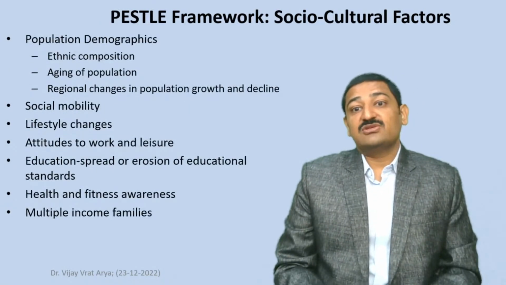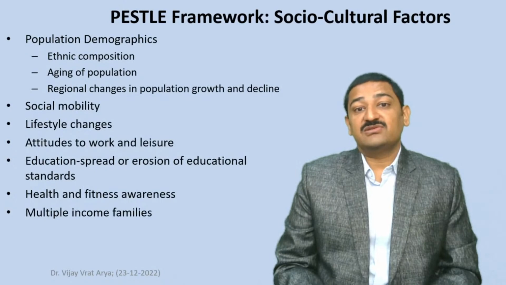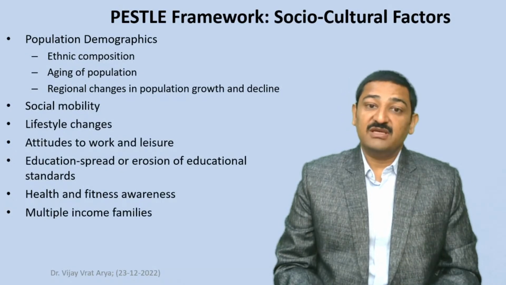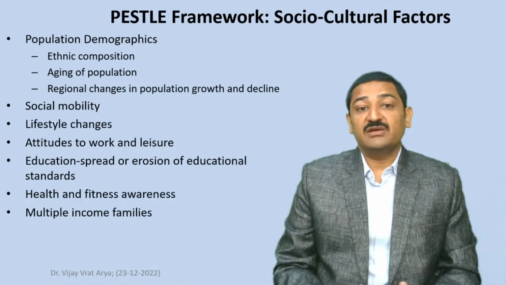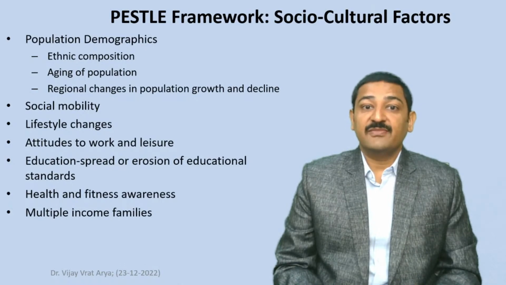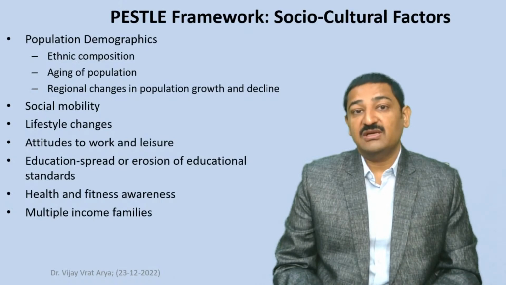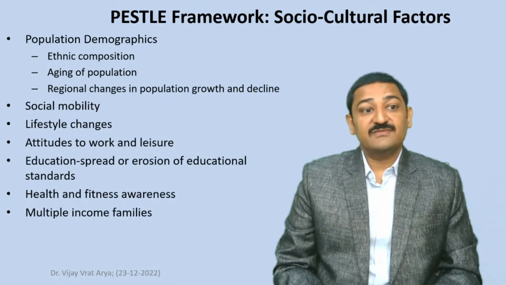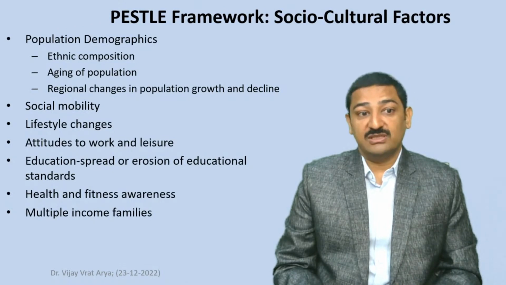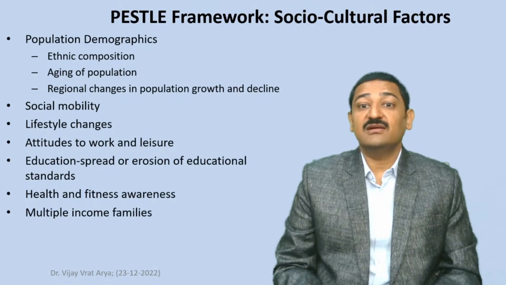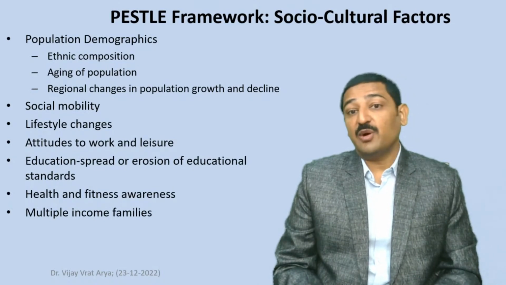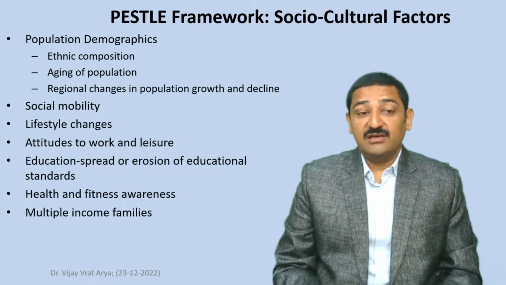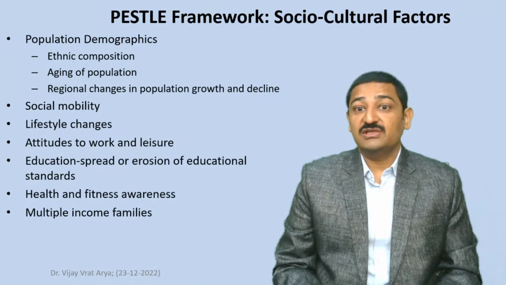The third aspect is socio-cultural factors in the PESTLE framework, which is from the country-specific perspective. The social aspects in a specific country need to be understood first, which include population demographics, say ethnic composition: what is the composition of ethnicity in that country, aging of population, younger generation, older generation, the youth or the children age group.